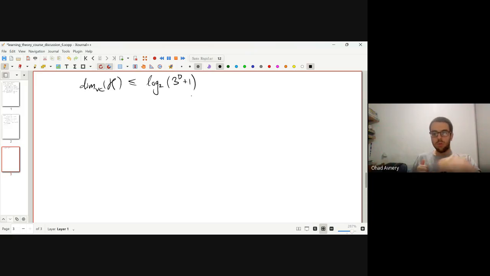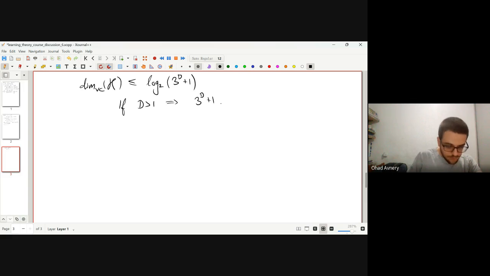Yeah, and we actually want to show something a bit stronger. We want to show that it's less than or equal to log 2 of 3 to the d. So we need to show somehow, by taking the floor of this, we can't have it exactly be the plus 1.